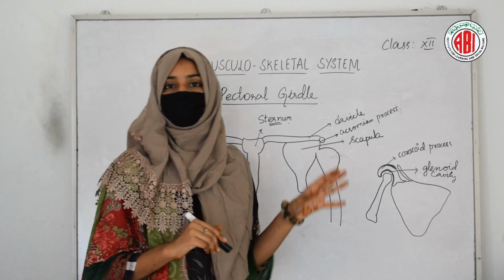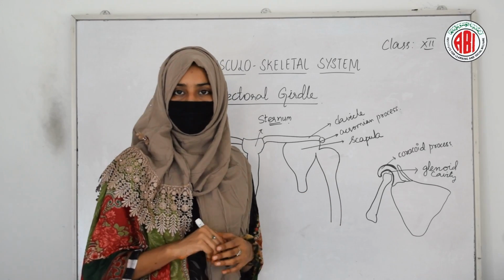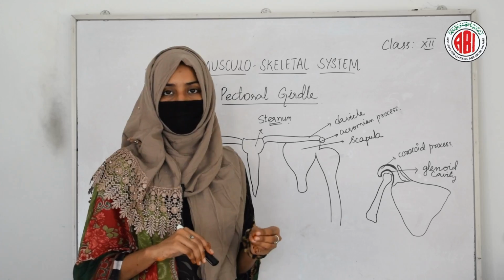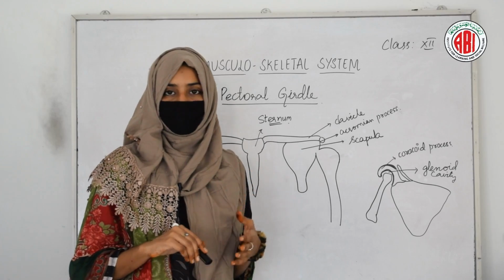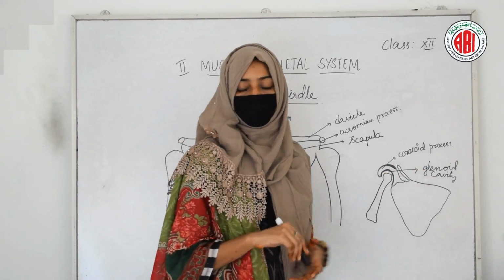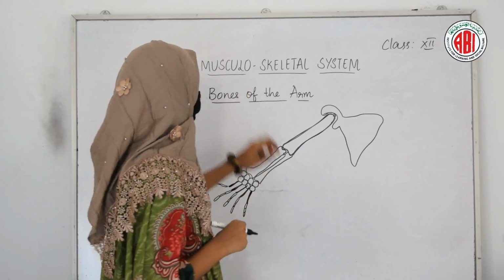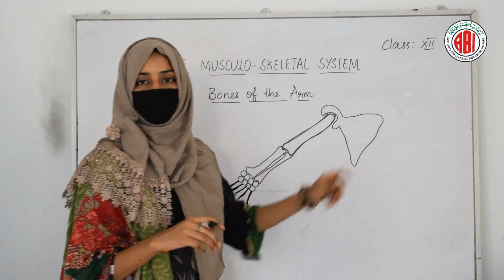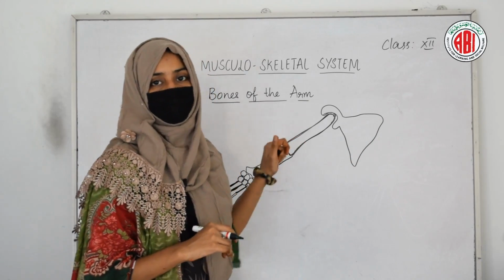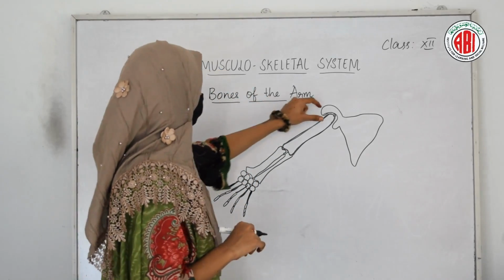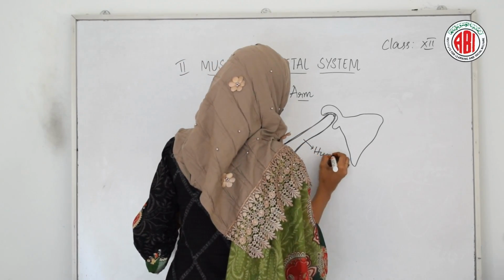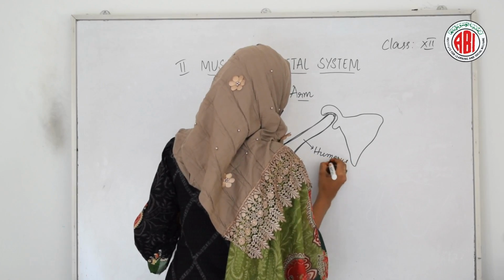Let us see the arrangement of the bones of our hand, how the different bones are arranged and how they are attached and fixed in the glenoid cavity. Let us see the bones of the arm. Just before, I told you that in the glenoid cavity our bone gets fixed. The first bone of our arm is called humerus, which gets fixed in the glenoid cavity.